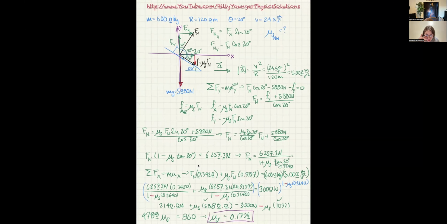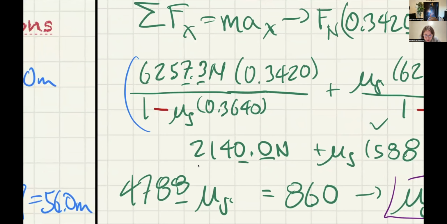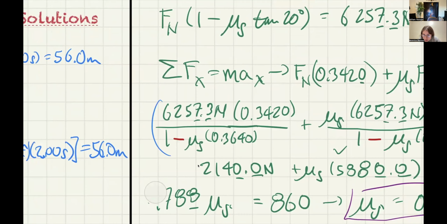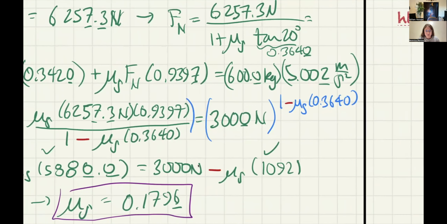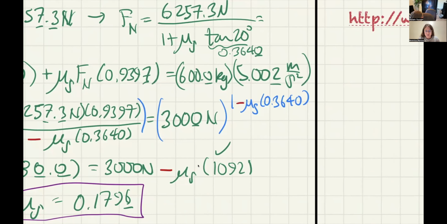Okay, so now when I get the mu s over on the left-hand side, I'm now adding 1092 instead of subtracting. So this 4778 is going to be something entirely different. I can erase that. What it's going to be is 5880 plus 1092.